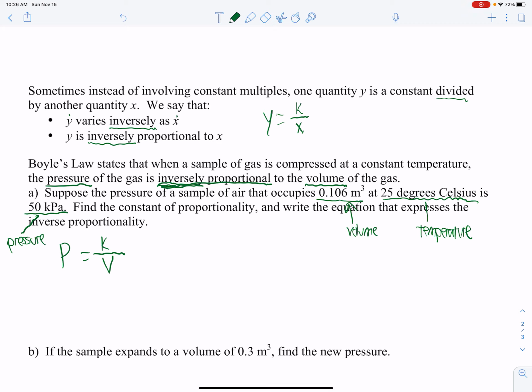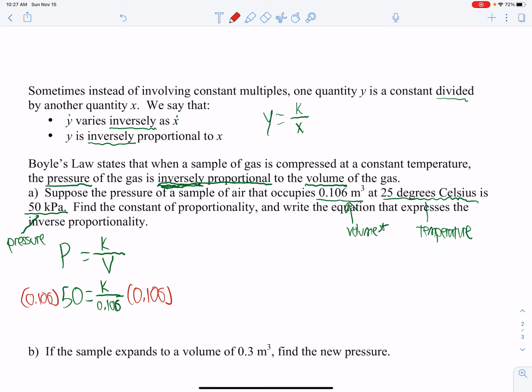So here for pressure, we're going to put in 50. We don't know what K is yet. That's what we're going to try to find. And our volume was 0.106. It turns out we didn't need that 25 for this problem. So that's our basic equation. Now here, to get K by itself and get rid of that 0.106, since it's on the bottom of a fraction, we multiply both sides by 0.106.